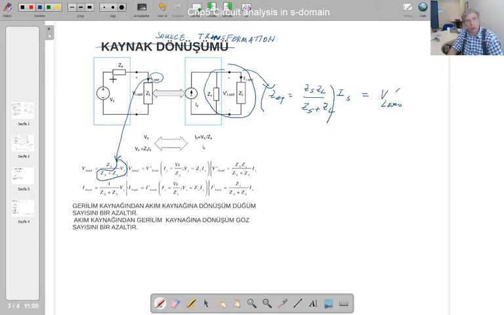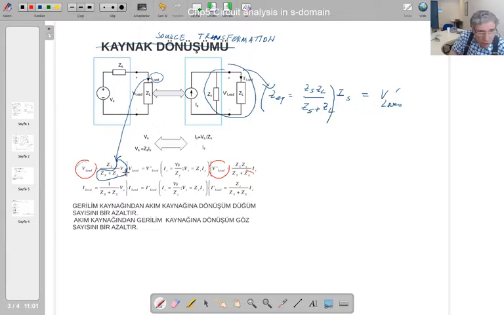If this blue marked circuit here is equivalent to this blue marked circuit, then the ZL voltage and ZL current do not change on the left hand side and the right hand side. So in order to have V load equal to V load prime, what we see here, ZL over ZS plus ZL, is common, isn't it?